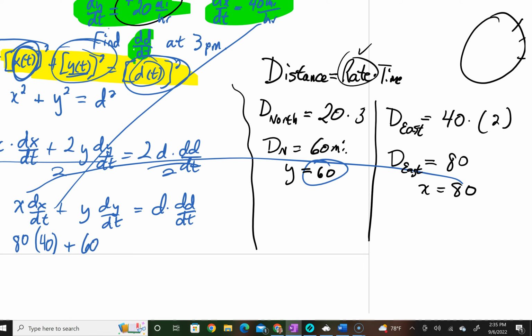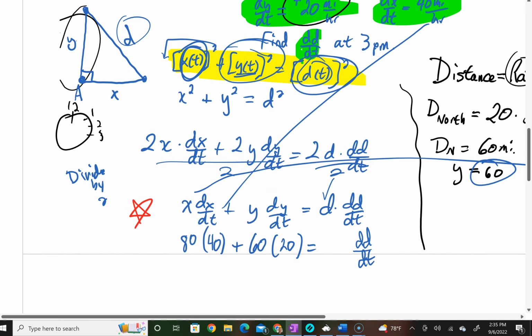And dy dt right at the top of the screen is 20. And kids will say, oh, this is so great. Now you just have to find dd dt, how your distance is changing with respect to time. But oh my gosh, we've got to find d. And all of a sudden, we can feel very upset and say, well, wait a minute, how in the world do you do that?